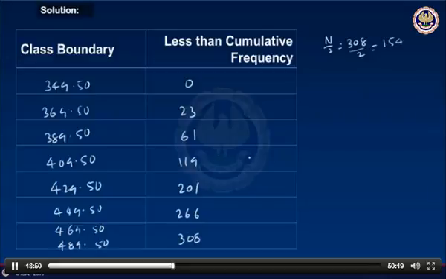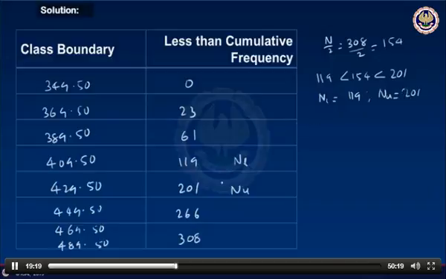We assume these are NL and NU, so 119 is less than 154 is less than 201. Thus NL equals 119 and NU equals 201.